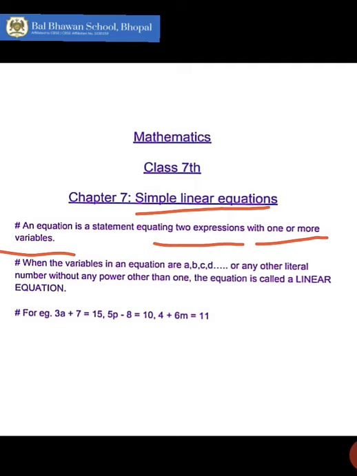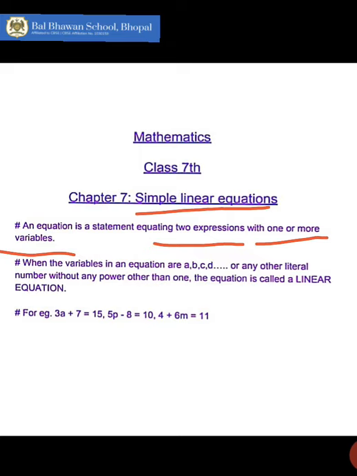We also know that variables are the numbers or the literals whose values can vary. Yes, vary means change. These variables are used in place of unknown quantities, the things which you do not know and which you want to find out. Whereas constants are fixed values, like 5, 100.